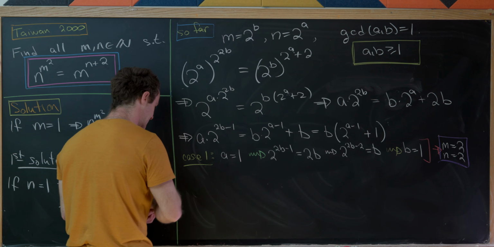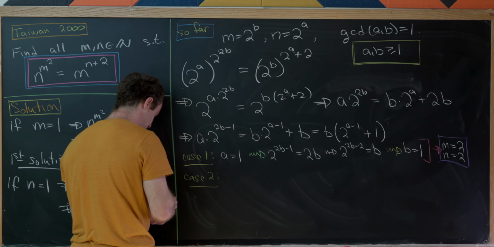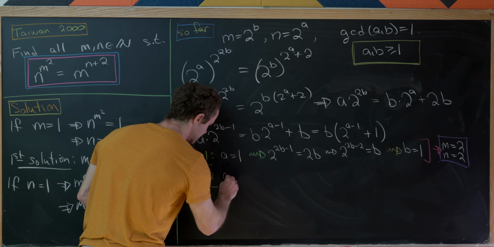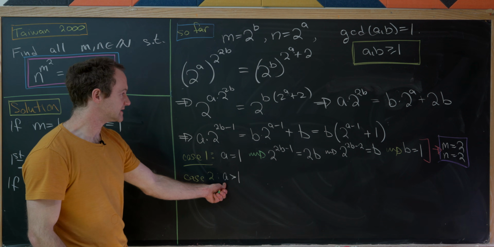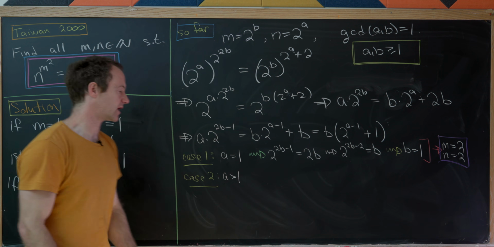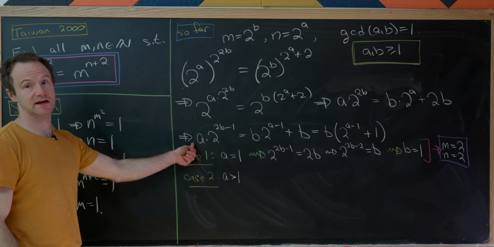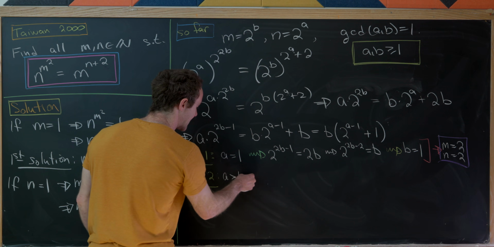So the next case will be the case when a is bigger than 1. So let's write that down. We have a is bigger than 1. But notice if a is bigger than 1, then this term right here, 2 to the a minus 1 plus 1, is odd. But the left-hand side, like we said before, is even, which tells us that b has to be even.